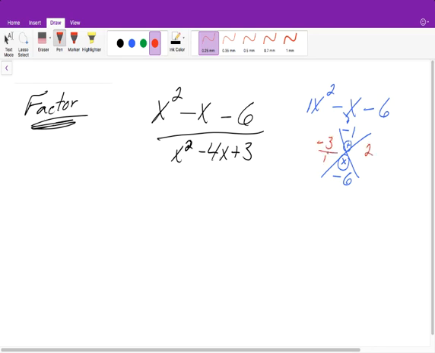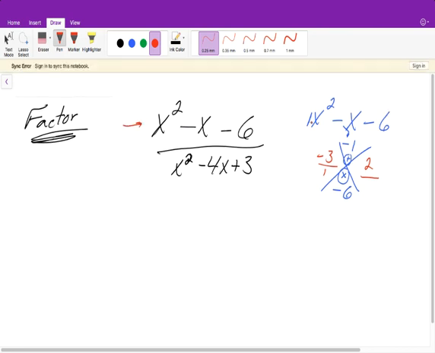And we divide each of them over top of 1, because we divide by the number in front of the x squared, so that means this numerator factors out to x minus 3 times x plus 2.